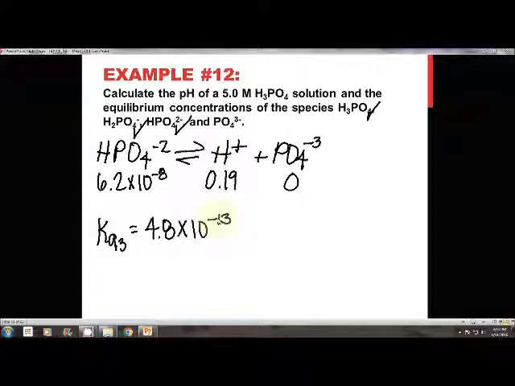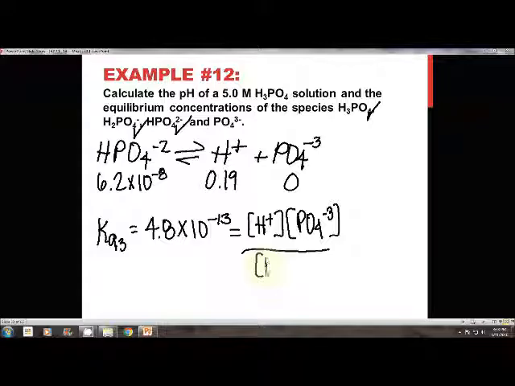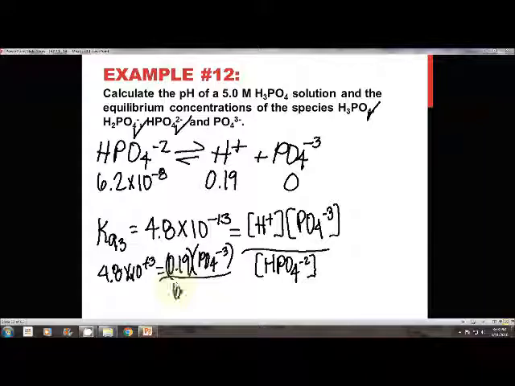Okay, so our Ka is equal to the H plus times the PO4 minus 3 over the HPO4 minus 2. Okay, so we have 4.8 times 10 to the -13 equals 0.19 times the PO4 minus 3 all over the 6.2 times 10 to the -8.